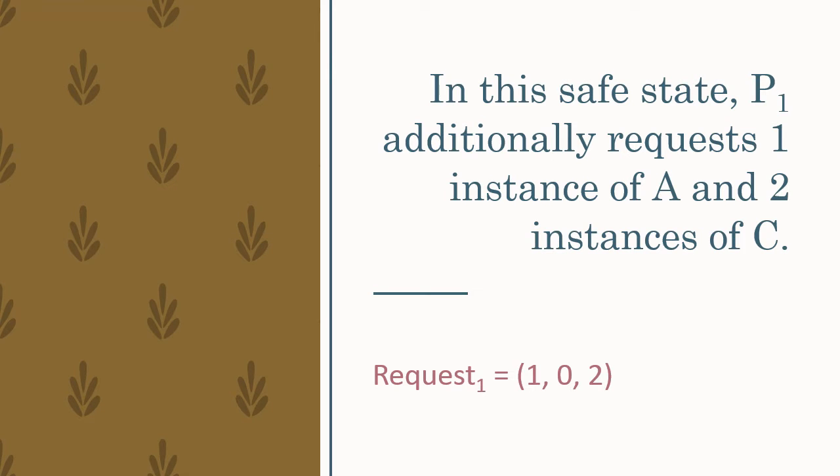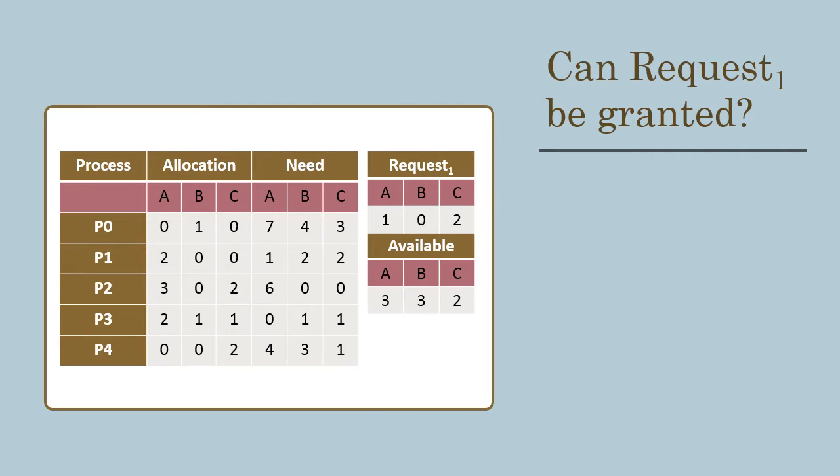In this safe state, P1 additionally requests one instance of A and two instances of C. This means that the request of P1, or request 1, is 1, 0, 2 because it is not asking for any instance of B. So the question is, can request 1 be granted?